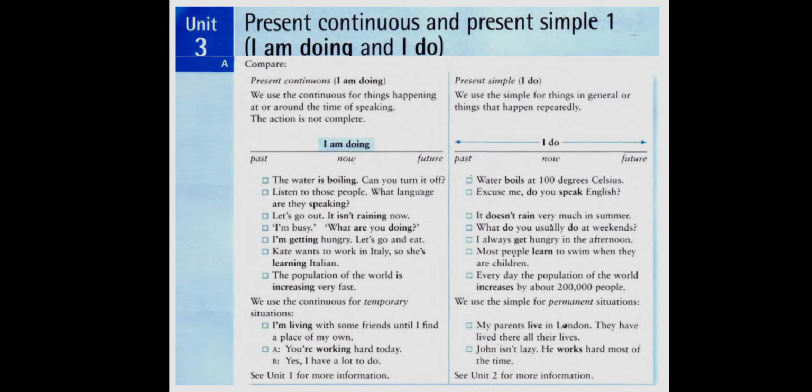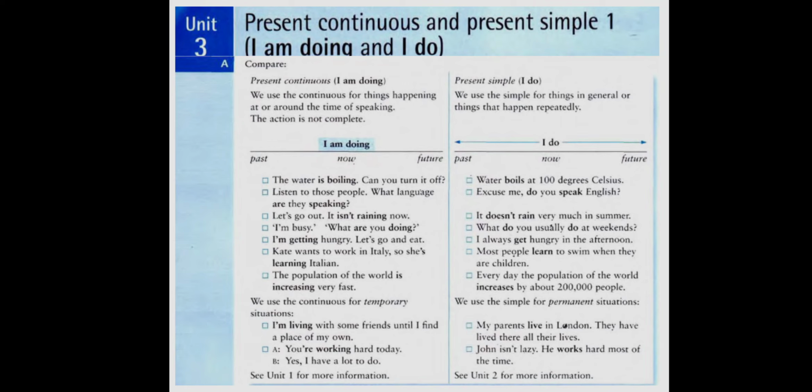In the case of the present continuous, we use the continuous for temporary situations. Temporary situations means short actions. I am living with some friends until I find a place of my own. We say here I am living because I am living with some friends for a few days, a few weeks, for a short period of time.